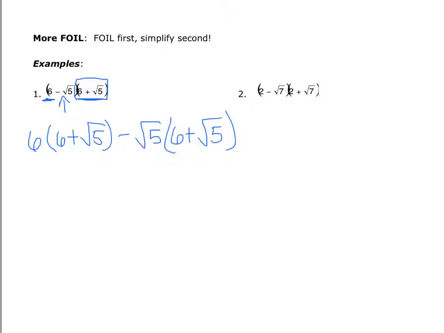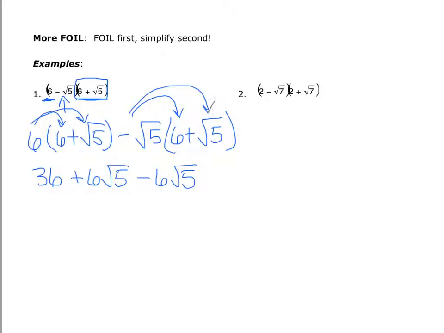And now I'm going to do some distribution. 6 times 6 is 36. 6 times radical 5 is plus 6 radical 5. Negative radical 5 times 6 is negative 6 radical 5. And for our last part here, negative radical 5 times radical 5 is negative radical 25.